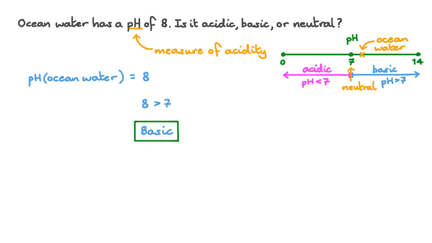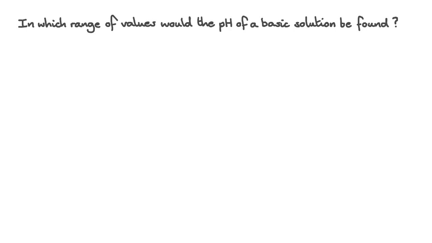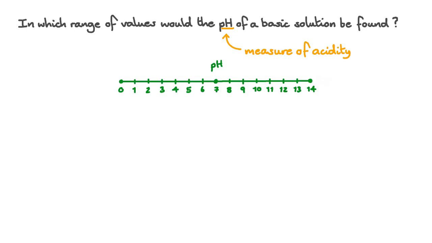In the next question, we're going to look at more pH ranges. In which range of values would the pH of a basic solution be found? pH is a measure of acidity. Typically, solutions have pH values between 0 and 14.